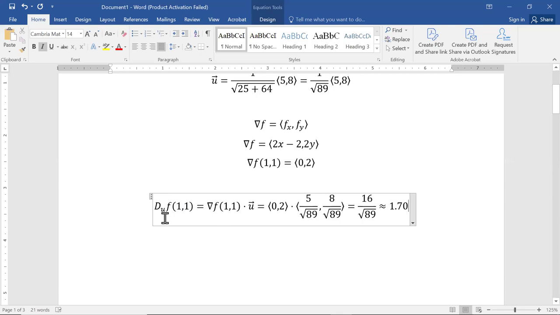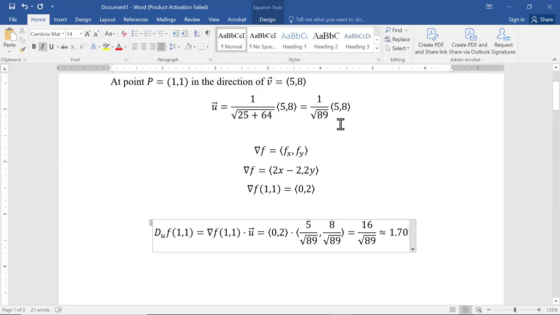So the directional derivative in the direction of u of f at point 1, 1 is equal to about 1.70. And that's telling us something about the slope as we move in the direction towards 5, 8 from the point 1, 1. Let's go visualize that real quick.